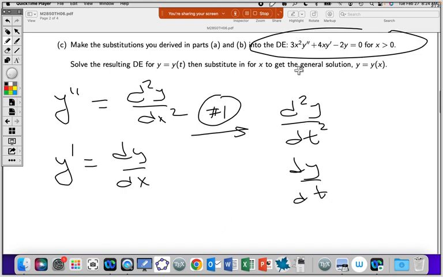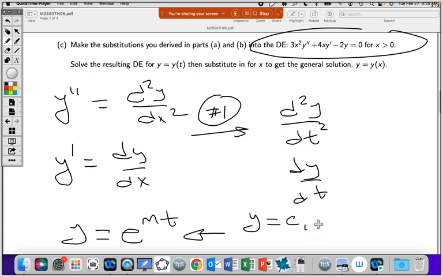And then you should get a constant coefficient equation where you can use y equals e to the mt. So your initial solution to this, you're going to have y be some collection of exponentials in t. And then to get back to x, you're going to use the substitution t is natural log of x, and then use your exponential properties.